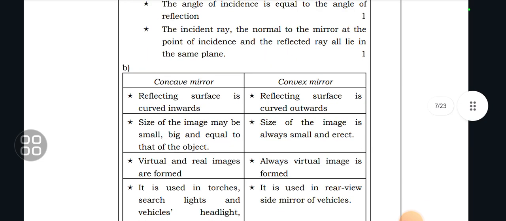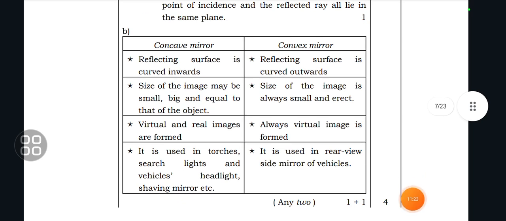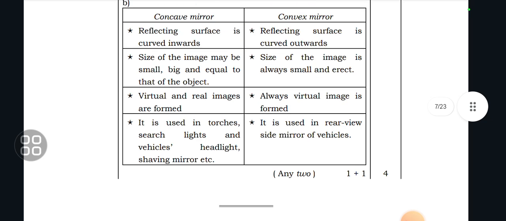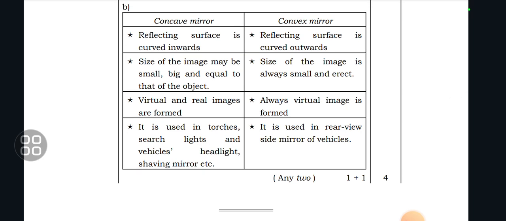Laws of reflection, concave mirror, convex mirrors. These are the important topics from the light reflection lesson. You can see the differences over here.